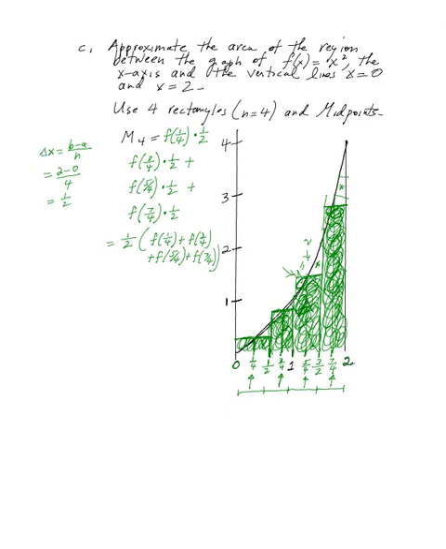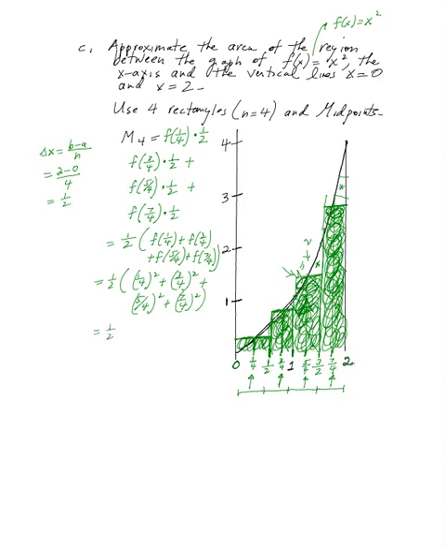Okay? What's f of 1/4? Well, my f of x is x squared. Remember? F of x is x squared. So that's 1/4 squared plus 3/4 squared plus 5/4 squared plus 7/4 squared.